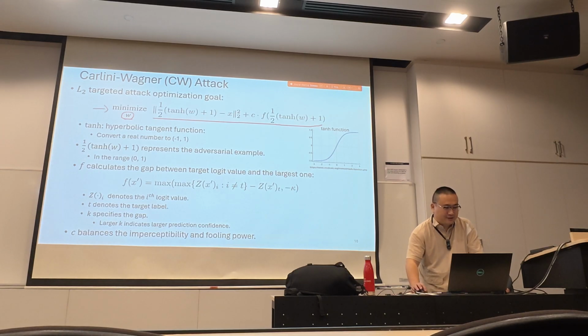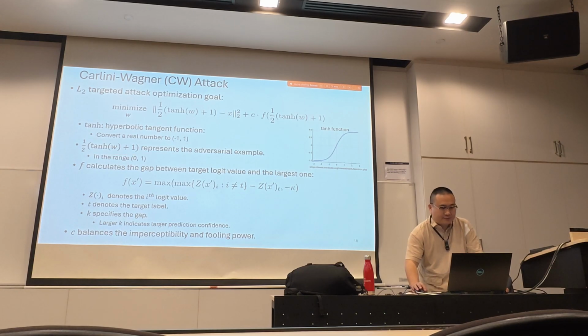You can see that we put W into the tangent. We use 1/2 multiplied by tanh(W) plus 1. This can represent the example we want to generate, so this is y. Why is this the case? Let's look at the range of this output.